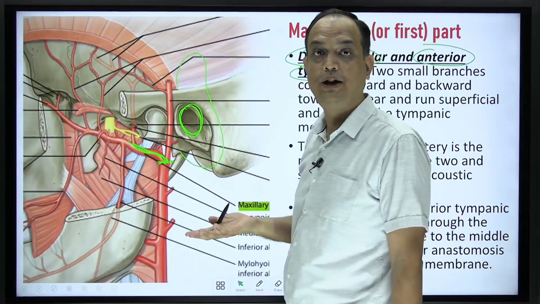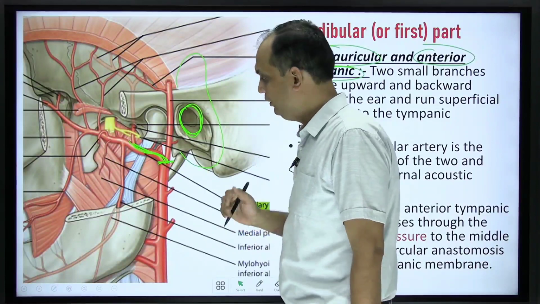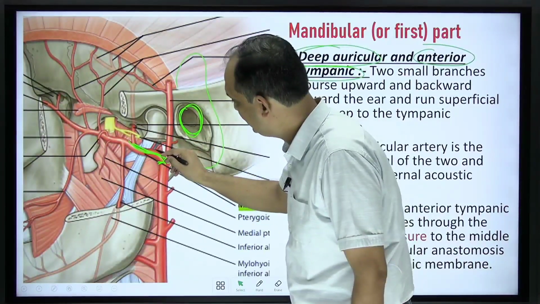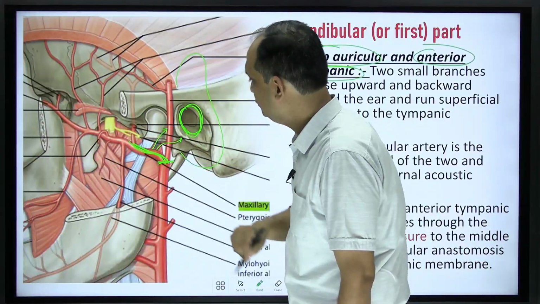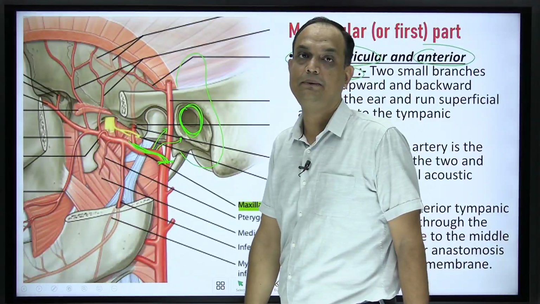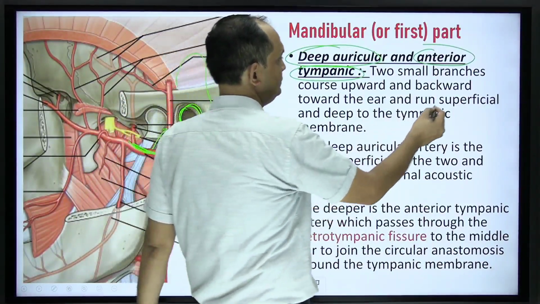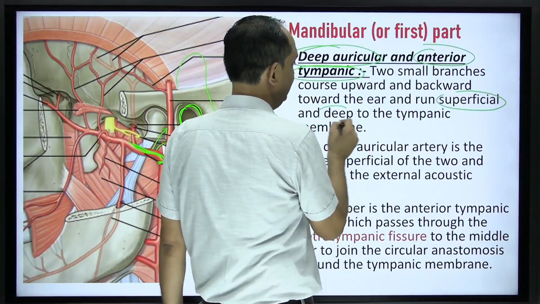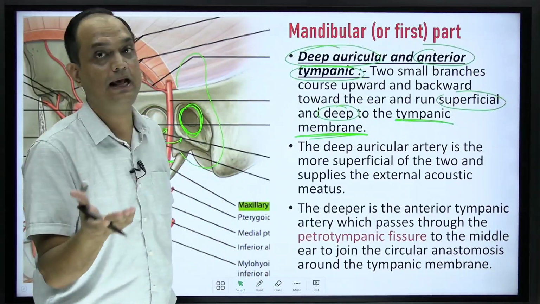Now, we have the 2 named branches, deep auricular and anterior tympanic artery. Here you can see these are the 2 branches, one is this and another is this. These branches run superficial and deep in relation to the tympanic membrane when we talk about the supply area.